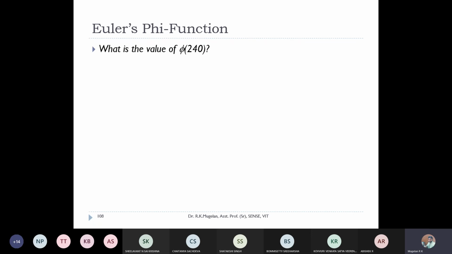Can you people tell what will be the value of phi of 240? How can I represent this phi of 240? Any idea? I'll give you a hint. This uses the fourth property. We can incorporate this fourth property along with other properties also.